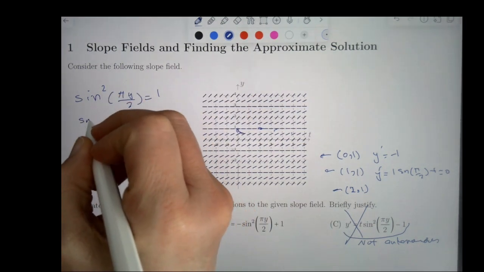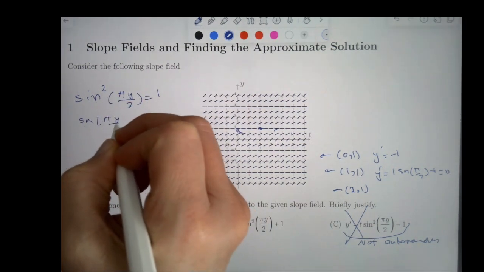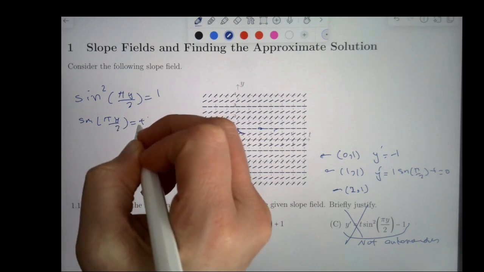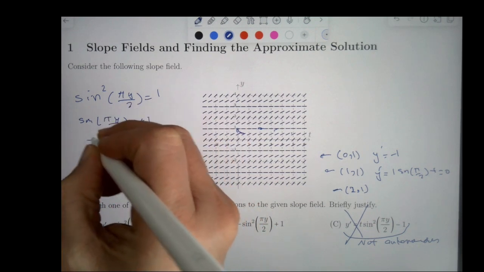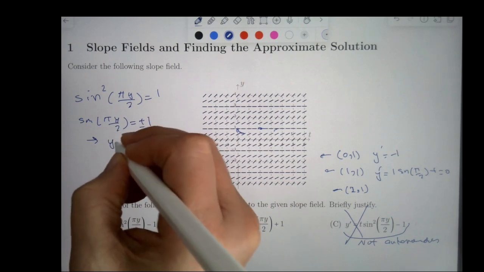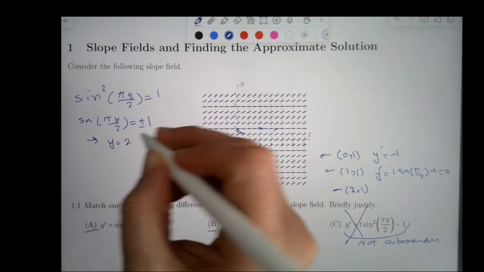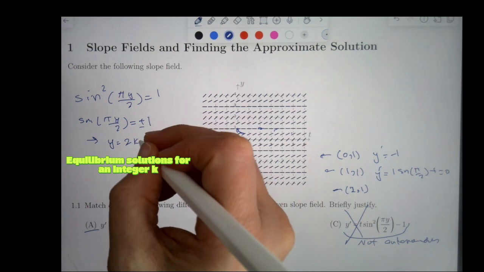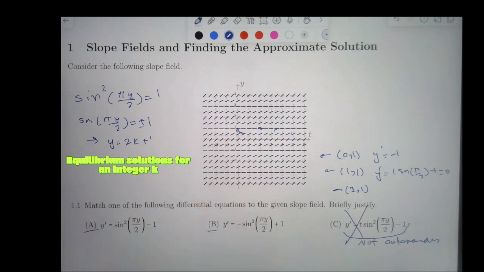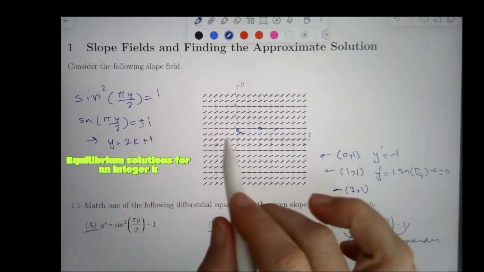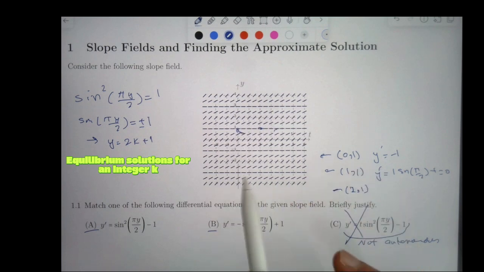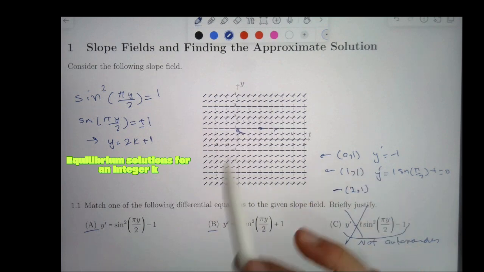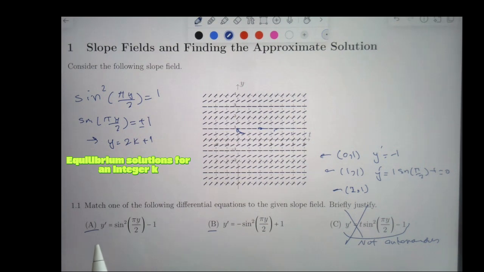And that is sine of pi y divided by 2 equal to plus or minus 1. And if you solve, y has to be an odd number, basically. And actually, all the equilibrium solutions are there, for odd numbers, you can see them.